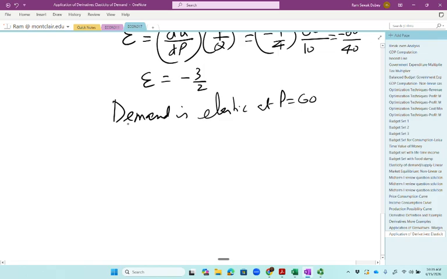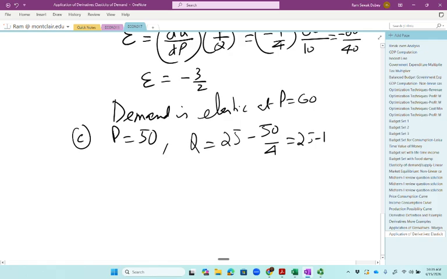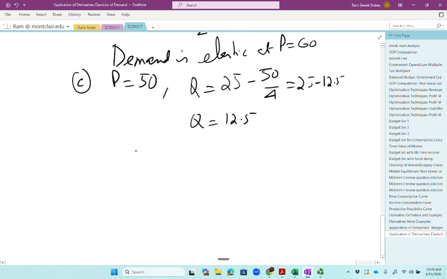Just to complete another case where we can show that demand could also be unit elastic, I'll take price to be 50. If price is 50, quantity is 25 minus 50 over 4, 25 minus 12.5 turns out to be 12.5. Q is 12.5. I can compute the elasticity.